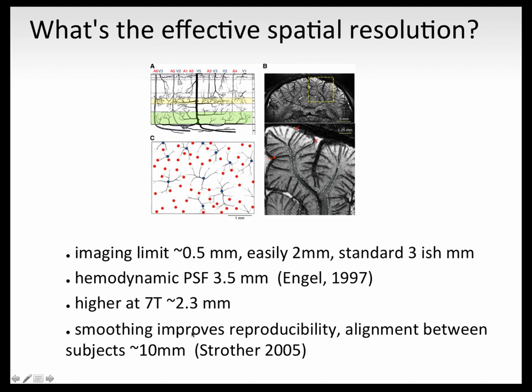But of course, if you're thinking about actually doing a group study, which most people are, there are differences between people's brains. So if you're going to average different people's brains, you might only have about 10 millimeters, which is just to say that we can acquire images at a resolution which is smaller than the person-to-person variability.